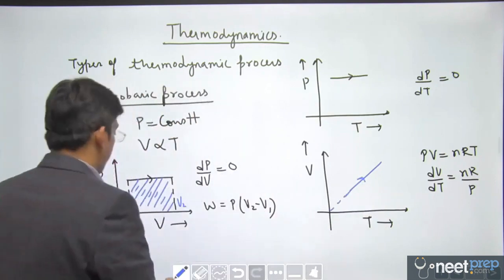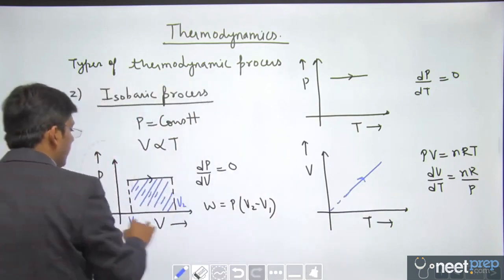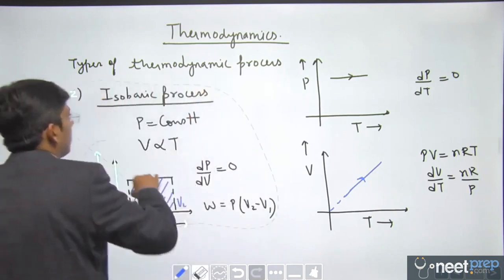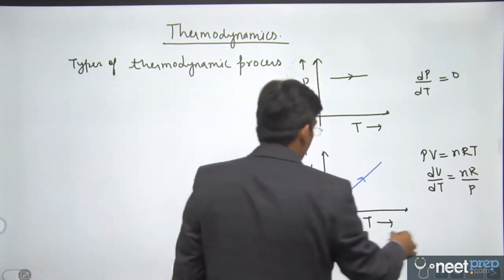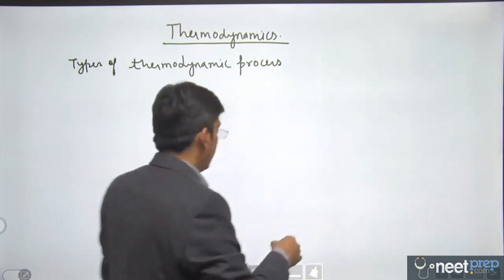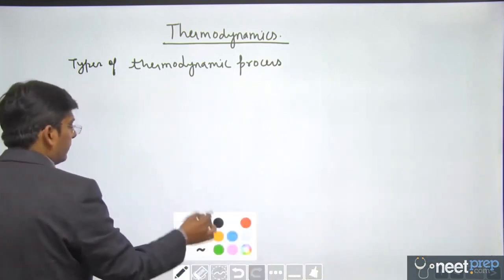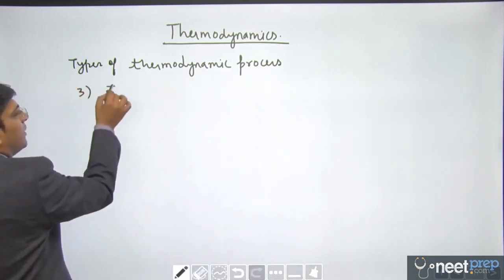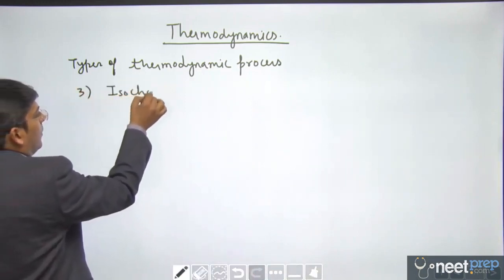Next we have the isochoric process. Third one is the isochoric process.